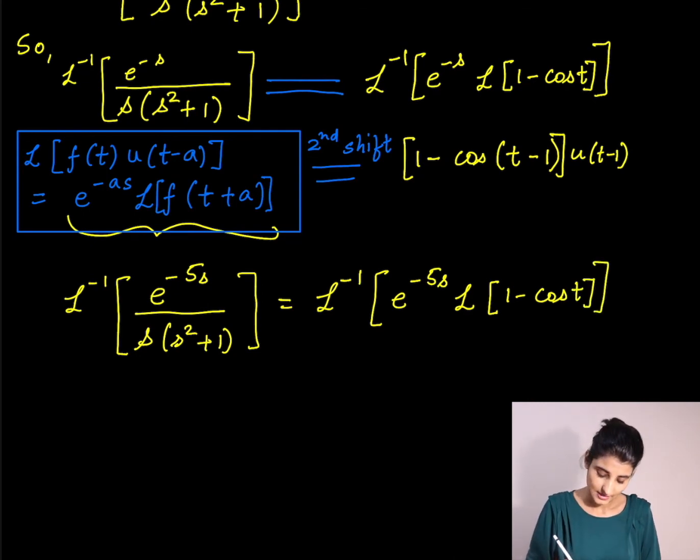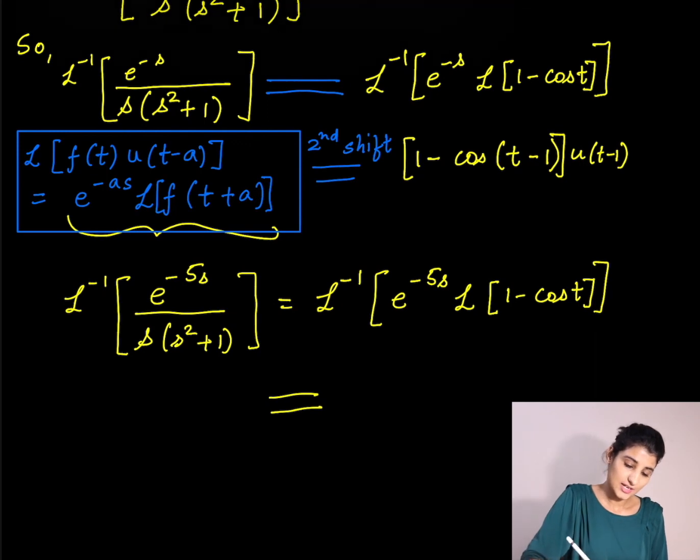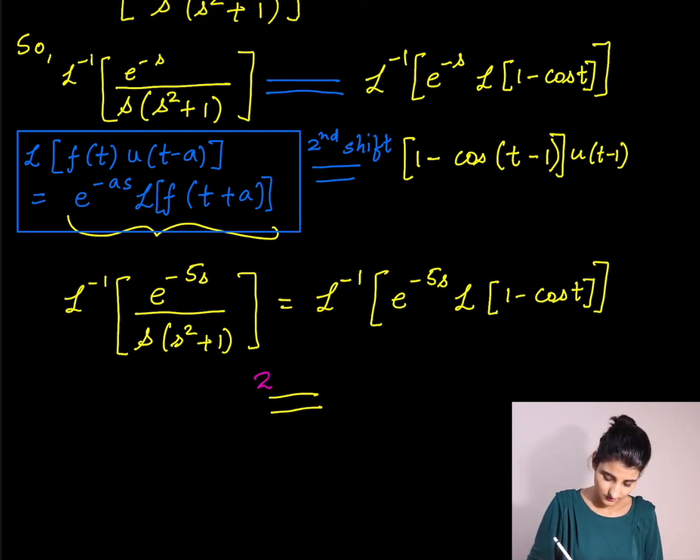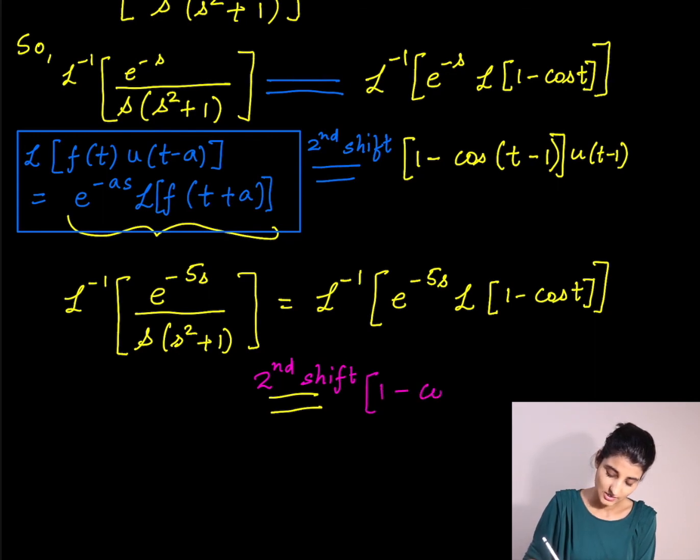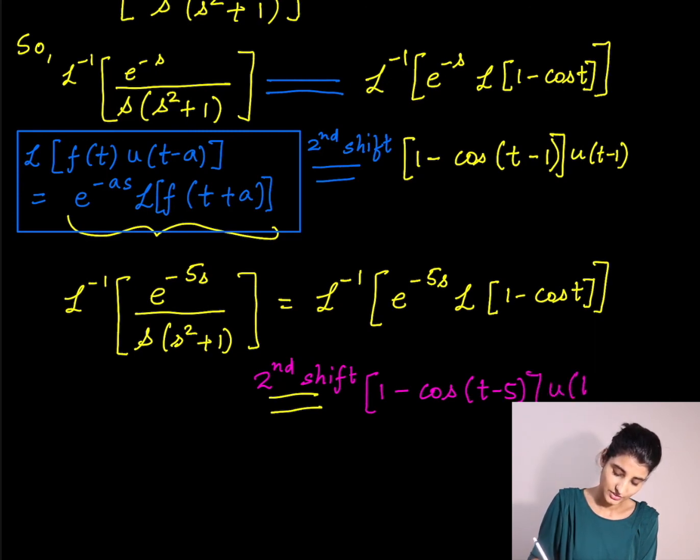Okay, and then we use the second shift, and this time our value of a is equal to 5. So we have 1 minus cosine of t minus 5 times u of t minus 5, right?